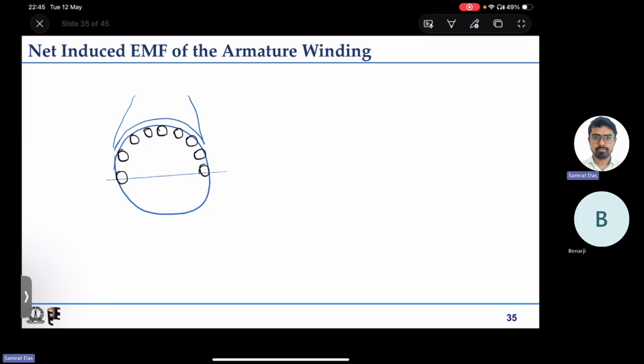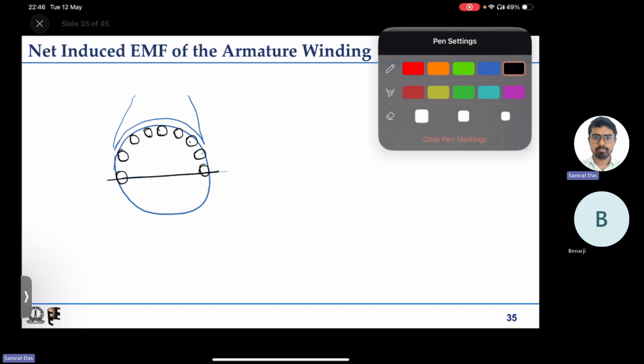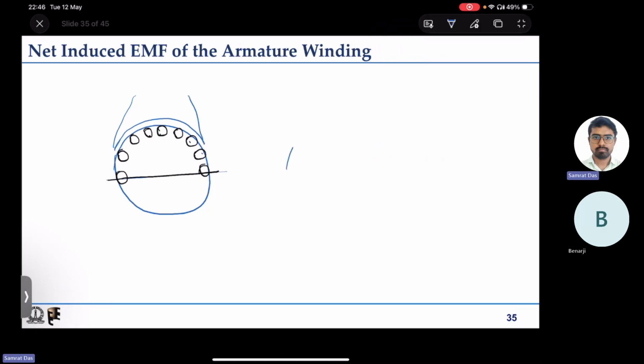This is one case, right? So how many coils are there? 1, 2, 3, 4, 5, 6, 7, 8, so total 16, right? And commutation is going through in these ones. Now the same thing when it will rotate, it is just about symmetry.